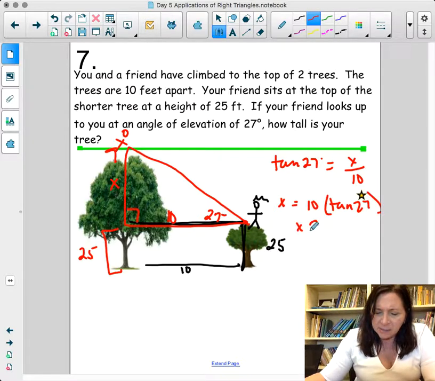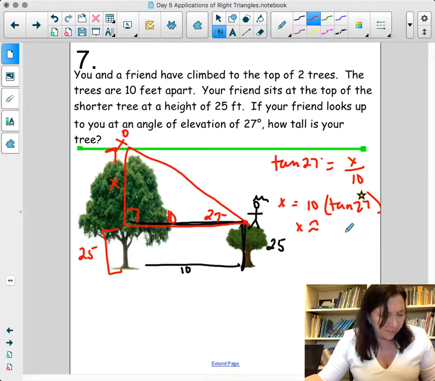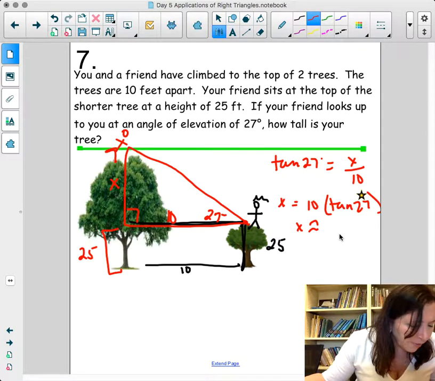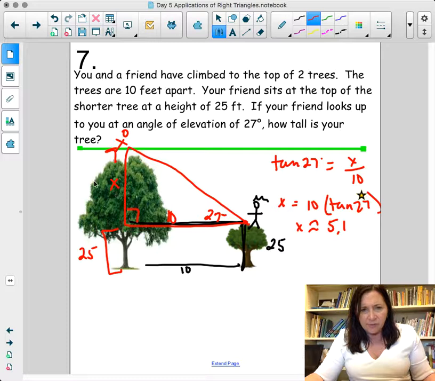So x is approximately, you're going to use your calculator, tangent of 27 degrees times 10 is 5.095, so about 5.1. And so this value right here is about 5.1.